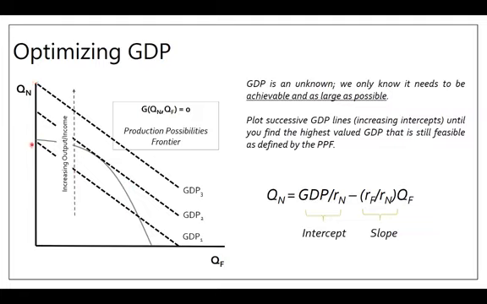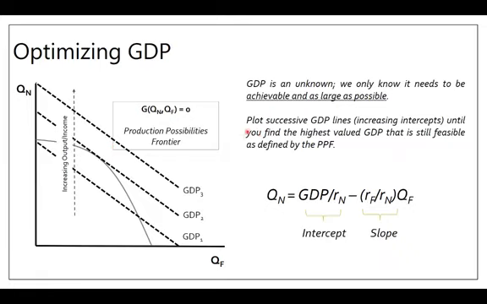Okay, so we already said this intercept is measuring GDP in QN terms. It's measuring in terms of non-food, and so this is a measure of GDP. GDP is the same all along this line, and so any line here will have the same GDP for any combination of QN and QF. And so our goal is to find whichever line, there's an infinite number of these lines as you move up, is still feasible but has the highest GDP.